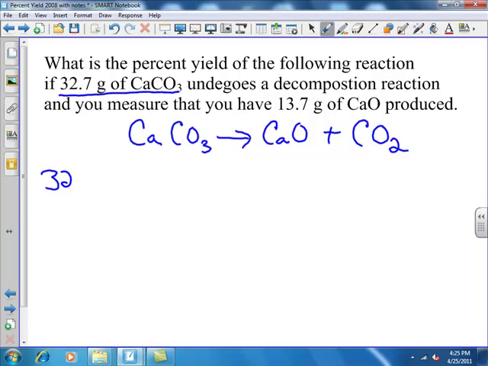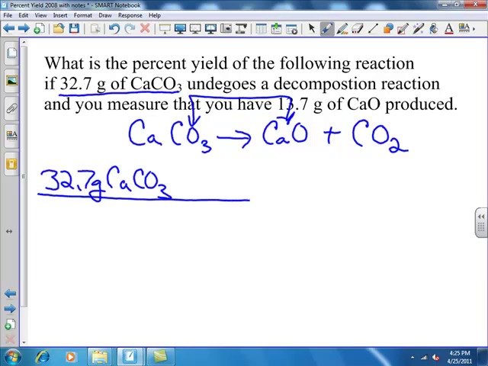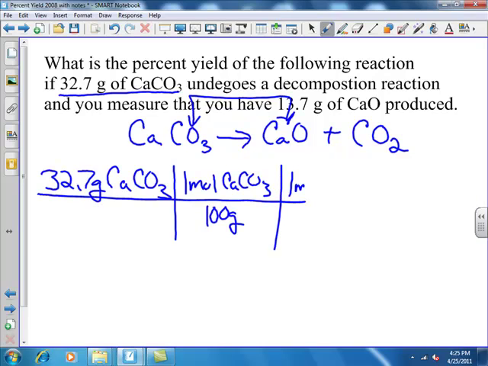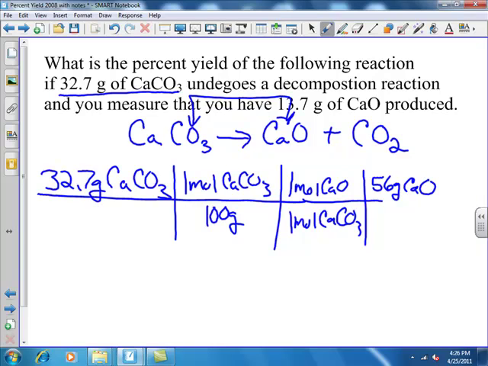So I have 32.7 grams of CaCO3, and I need to do a mass-to-mass between these two to find out what mass of product I should get. So this is 1 mole of CaCO3 per 100 grams. The mole ratio is easy, 1 mole of CaO to 1 mole of CaCO3. And then 56 grams of CaO to 1 mole.